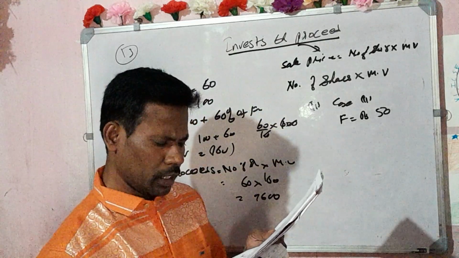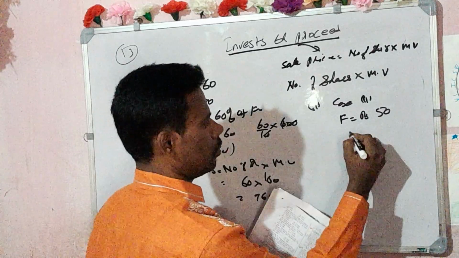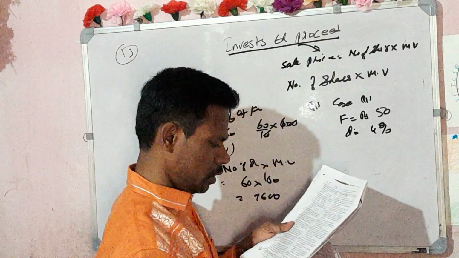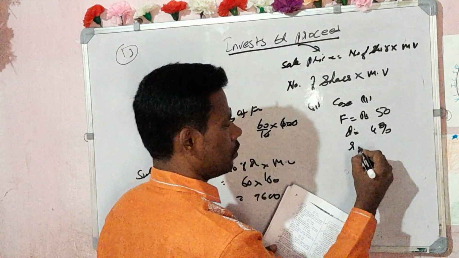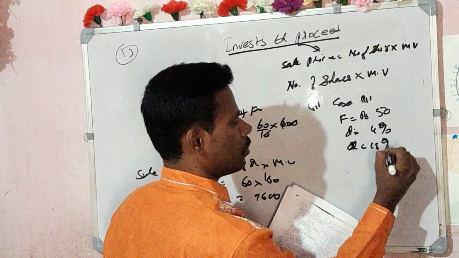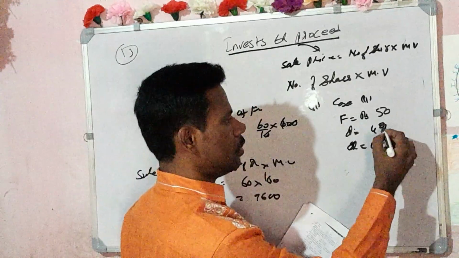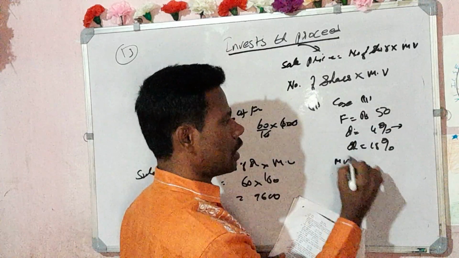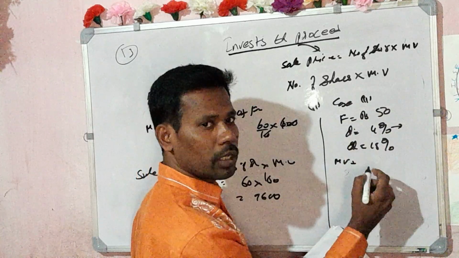Quoted at 4% discount and paying 18% dividend annually. Discount is equal to 4%, right? And paying 18% dividend annually. Now from this, can you say what the market value is?